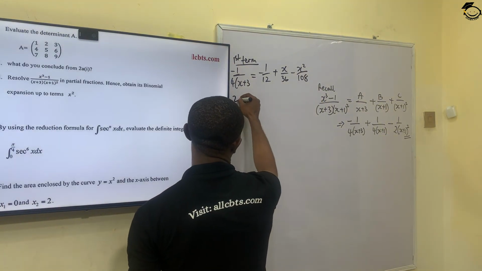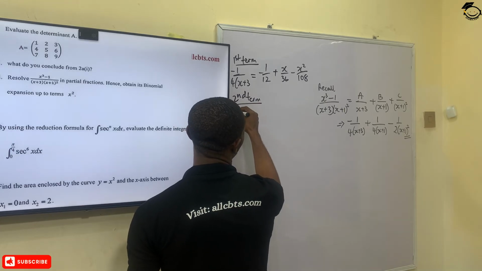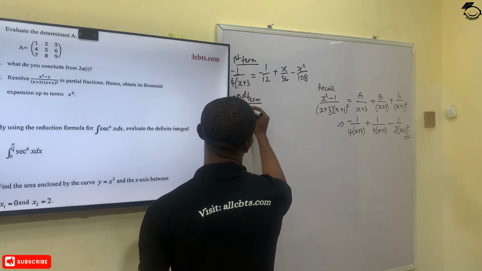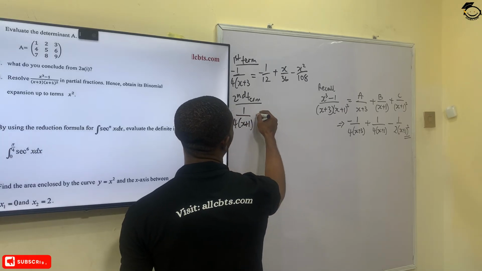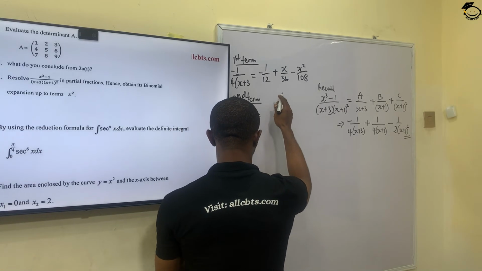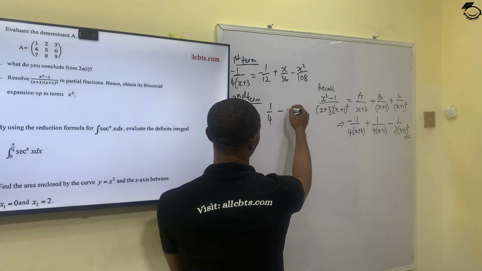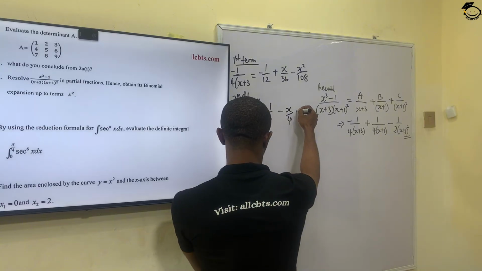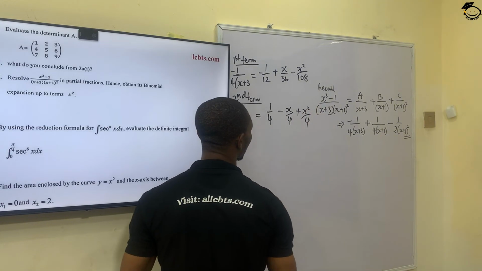Now, for our second term, we have 1 over 4 bracket x plus 1. If we should expand it, we will be having 1 over 4 minus x over 4 plus x squared over 4.